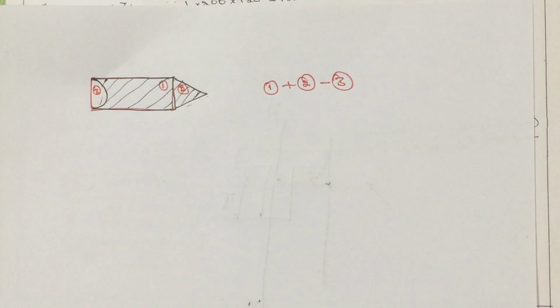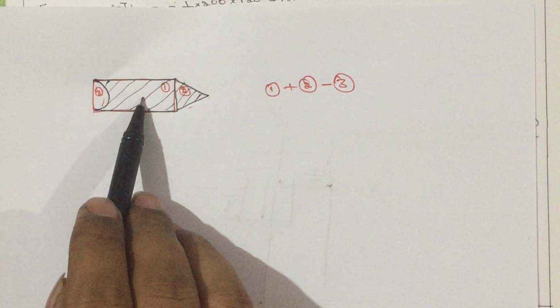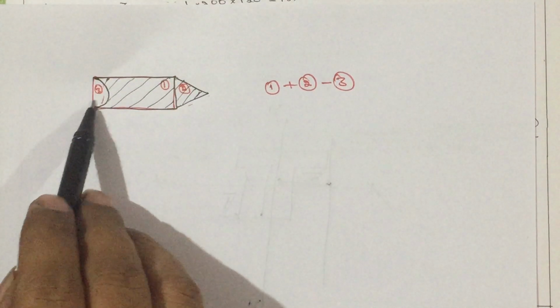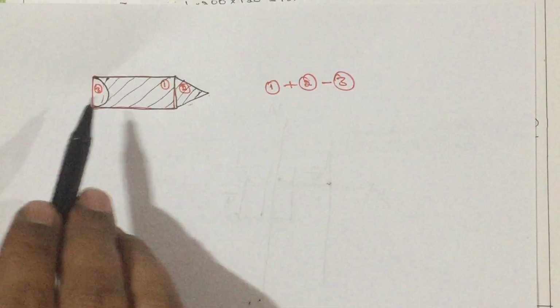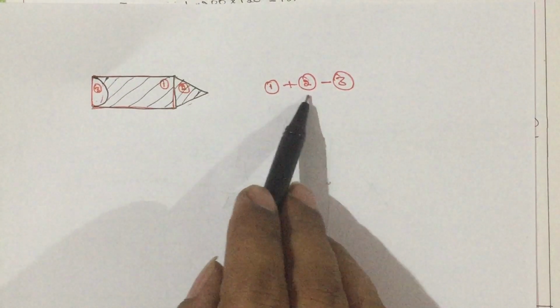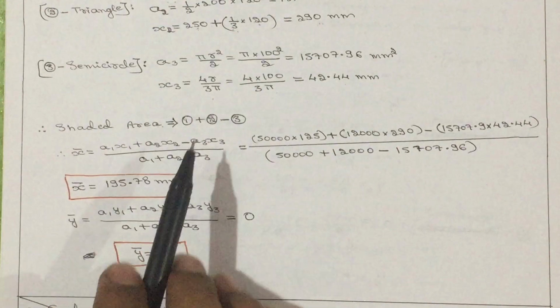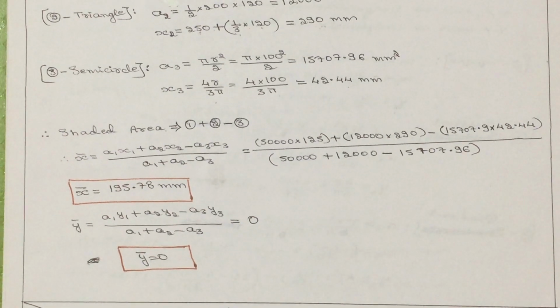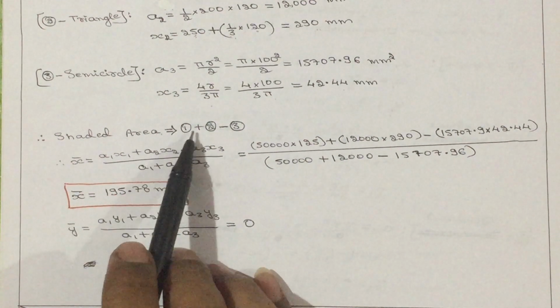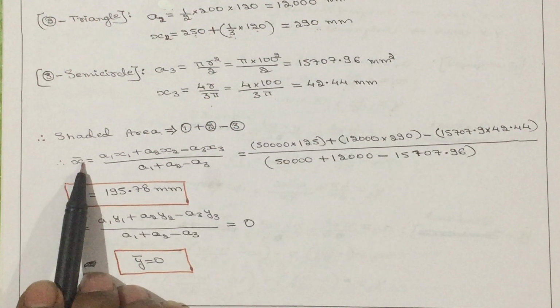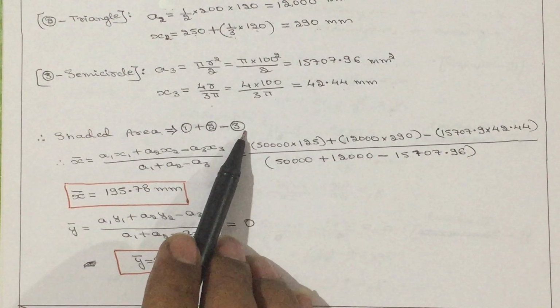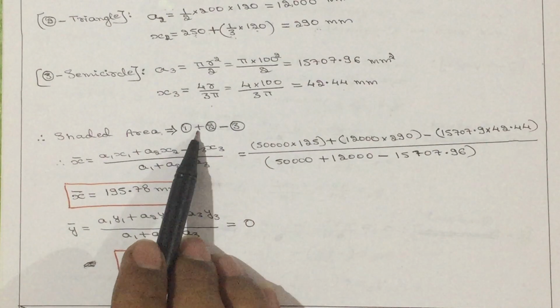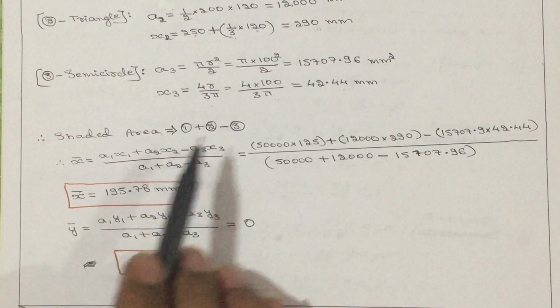This is the unshaded area, so we need to add 1 and 2, that is rectangle plus triangle, and from that deduct the semicircle: 1 plus 2 minus 3. Then x bar is given by A1 x1 plus A2 x2 minus A3 x3 divided by A1 plus A2 minus A3.